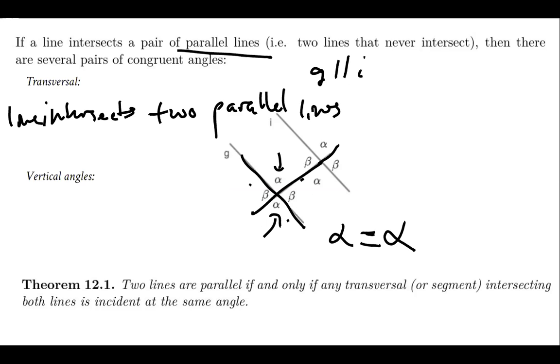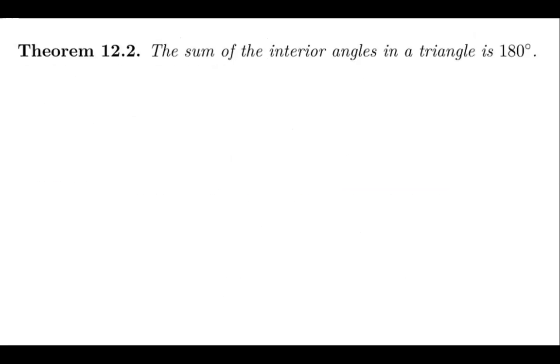So now let's move on to talking about some basic properties of triangles. So first we'll go over why the sum of the interior angles in a triangle is 180 degrees. So let's draw our triangle right here.